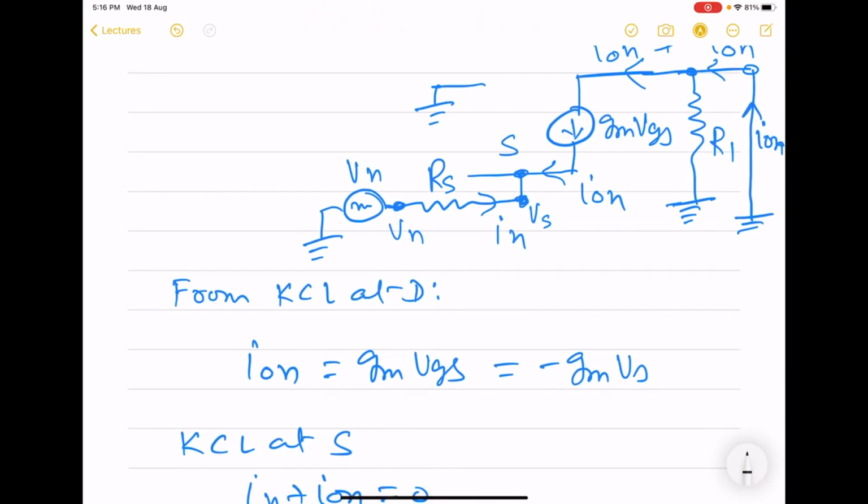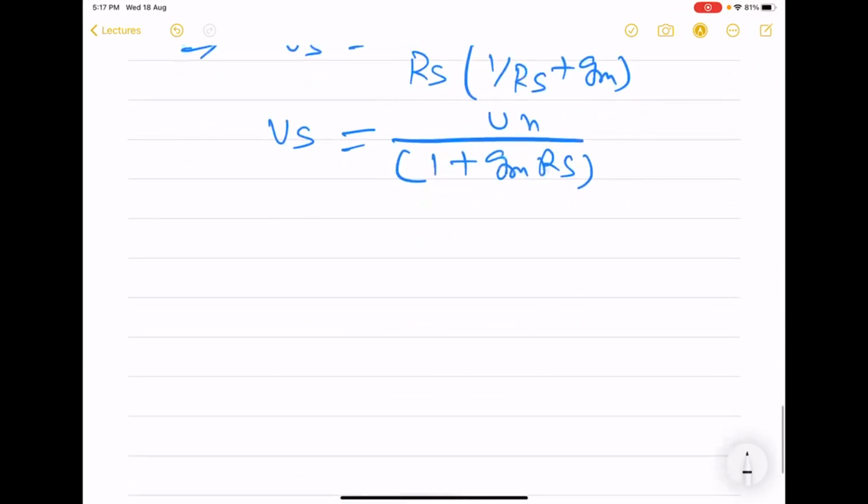That means the impedance looking into the source is Zin, and this we have already found out equal to 1 by gm. So what happens is that this entire circuit gets simplified to this one.